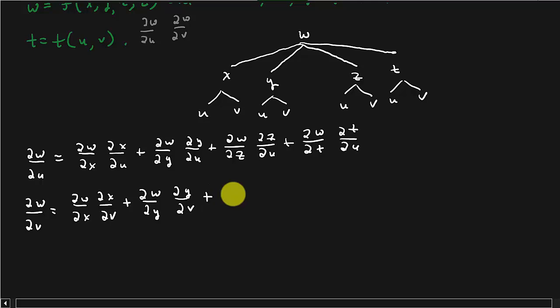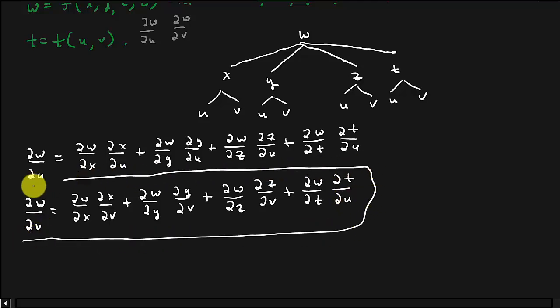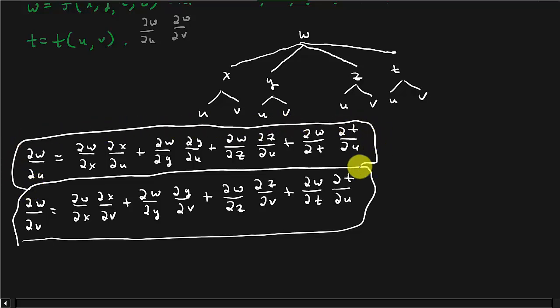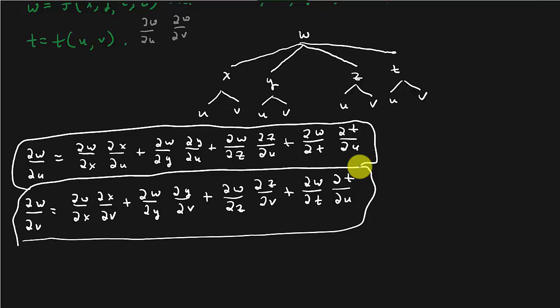And then plus the partial of w with respect to z times the partial of z with respect to v. And then plus the partial of w with respect to t times the partial of t with respect to v. And this is what they're wanting you to find. They're just wanting to give you practice writing out the chain rule like that. Okay?